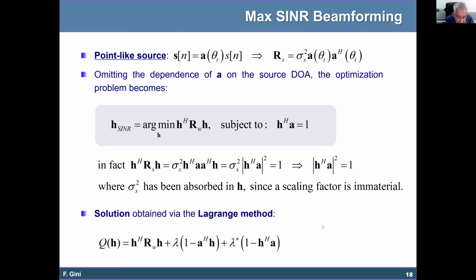There is only one small difference between this functional Q and the one that we solved to find the classical beamformer. To find the classical beamformer, here we have Ry, the covariance matrix of the observed signal, so signal of interest plus disturbance.